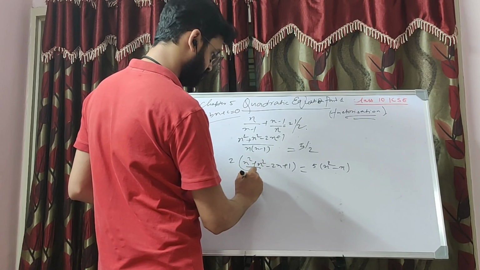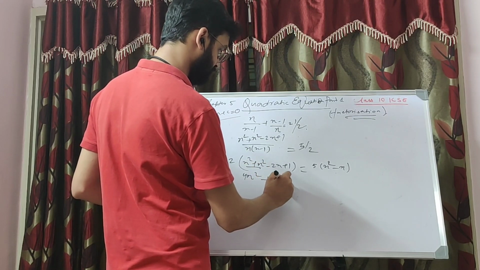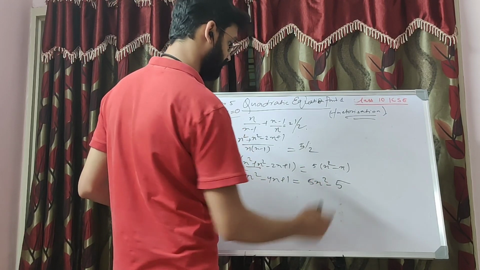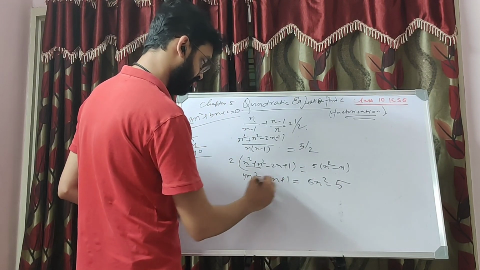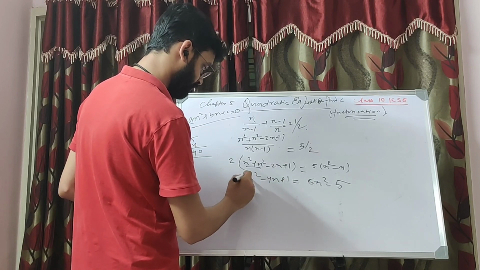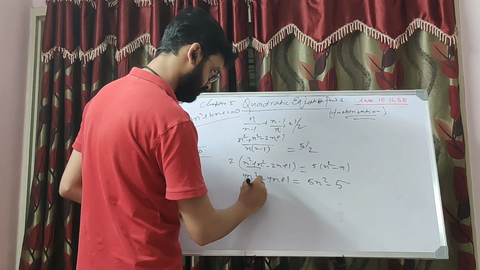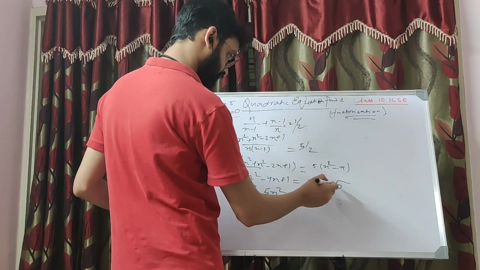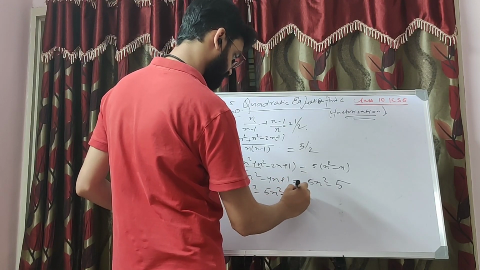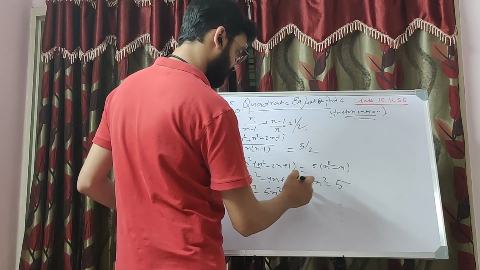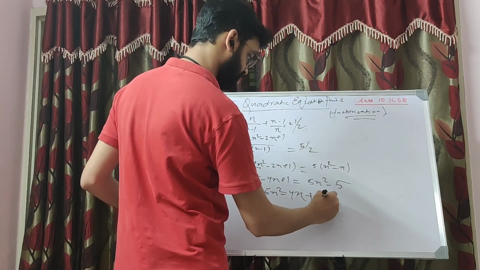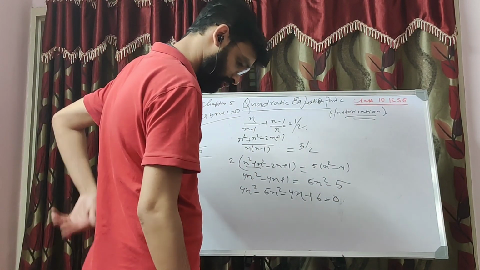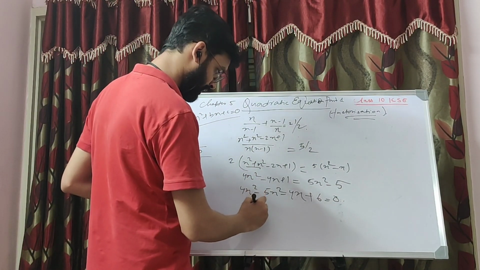Correct? So when we multiply here, this is 2x square. So 4x square minus 4x plus 1 is equal to 5x square minus 5x. Again when it comes here, 4x square minus 5x square, minus 4x plus 5x, plus 1 is equal to 0.